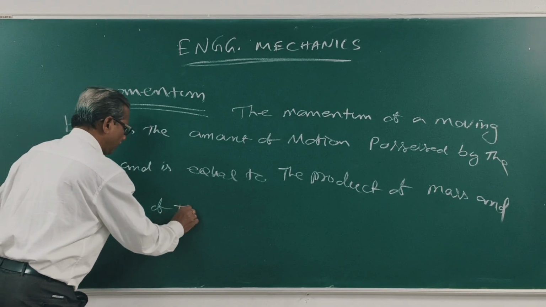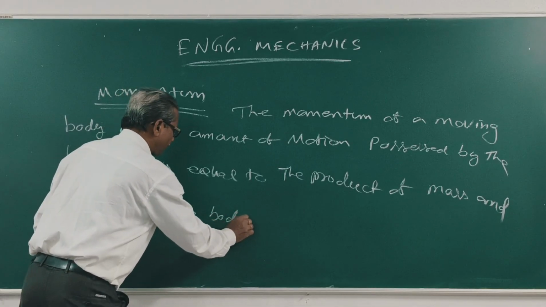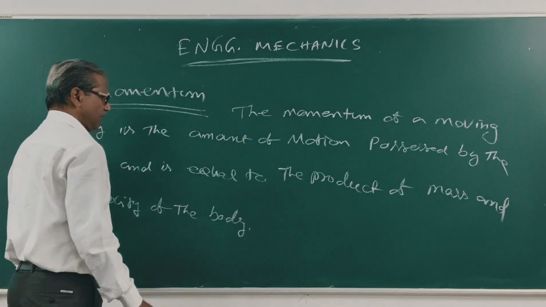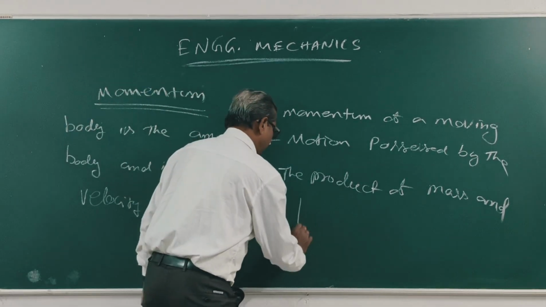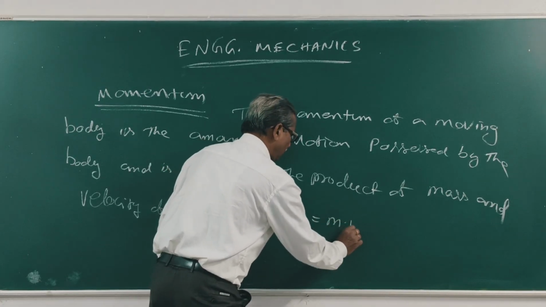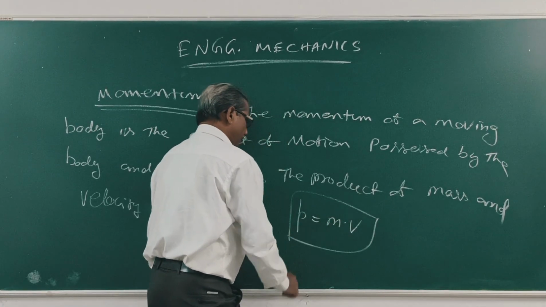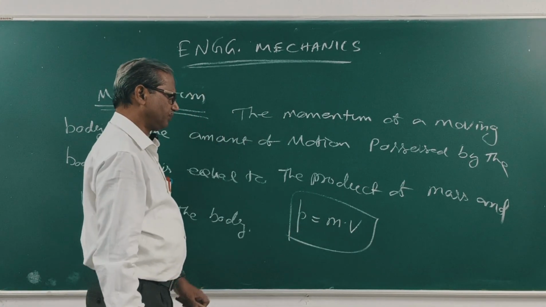That is, momentum P is equal to m into v, mass into velocity. Clear?